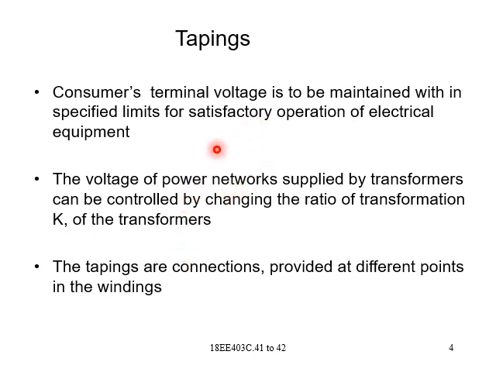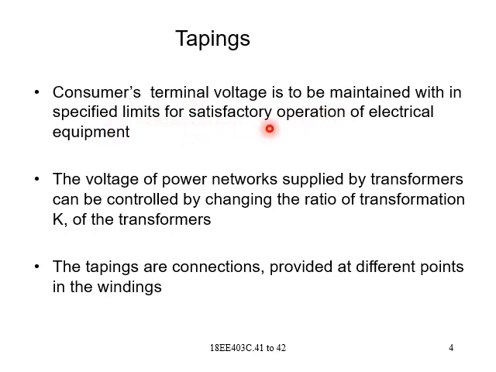Tappings are mainly done so that the consumer's terminal voltage is maintained within specified limits for satisfactory operation of electrical equipment. That means there will be a change in terminal voltage, and in order to maintain that, we require some tappings. Why should it be maintained?